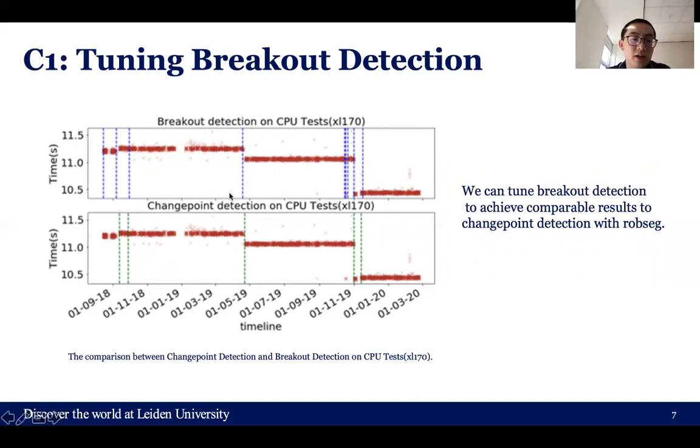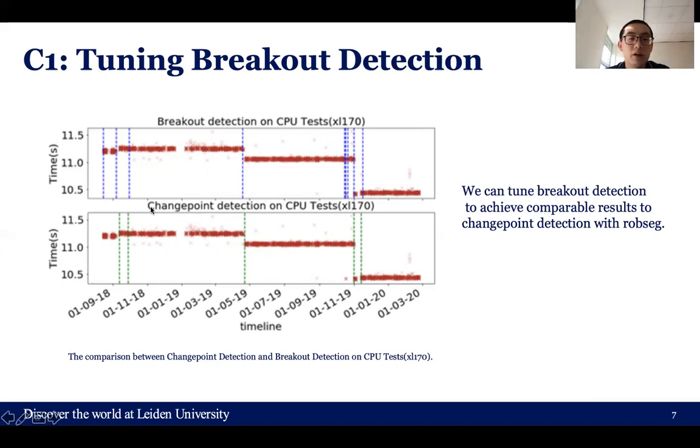We could say that the red point here represents the data point in our experiment, and the graph shows the performance of the same performance test run over and over again on the same machine. The changes here are due to the changes in the used version of operating system.